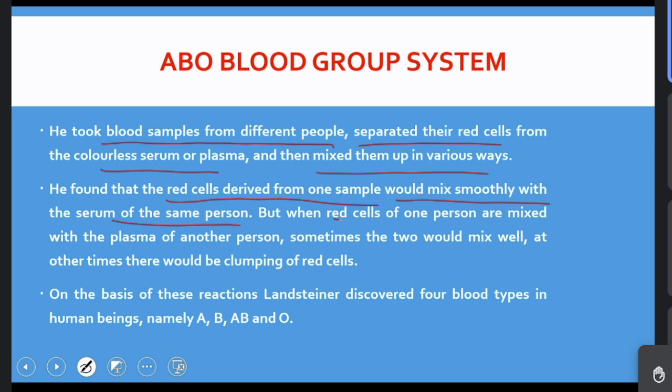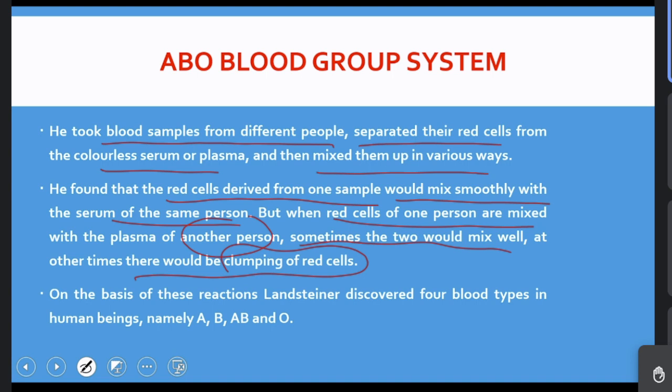But when red cells of one person are mixed with the plasma of another person, sometimes the two would mix well. That means both have the same blood group. At other times, there would be agglutination or breaking of RBC. That means they do not have the same blood group. This is what was discovered by Karl Landsteiner by this experiment.